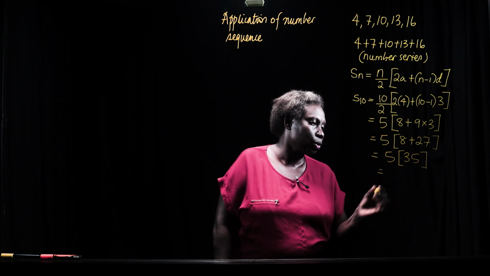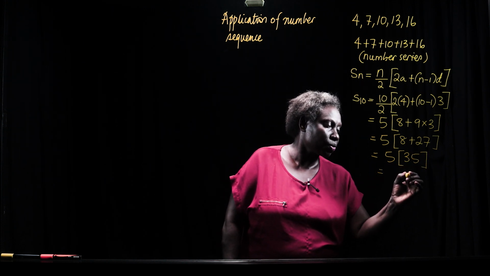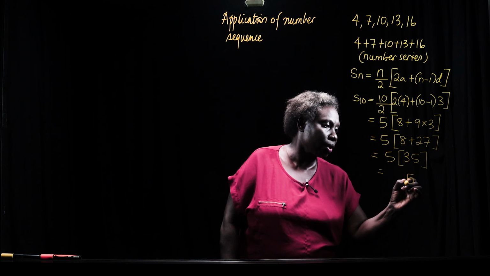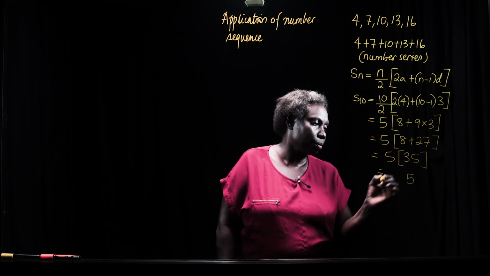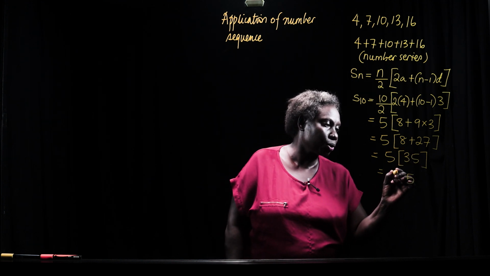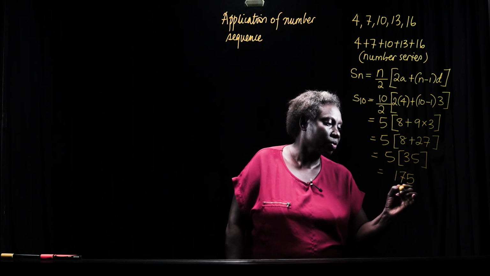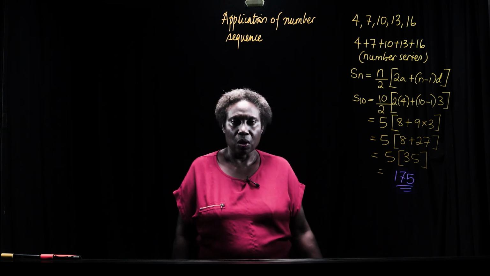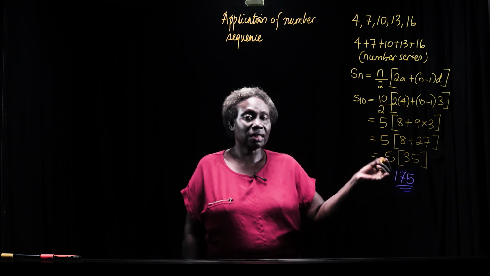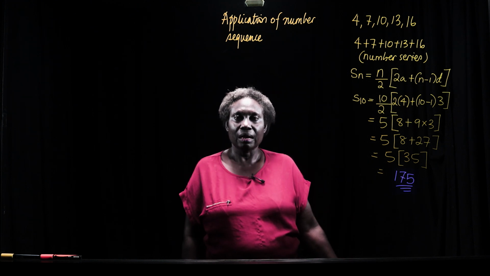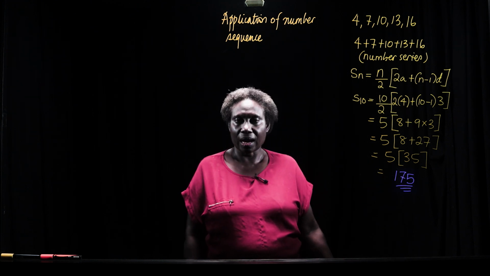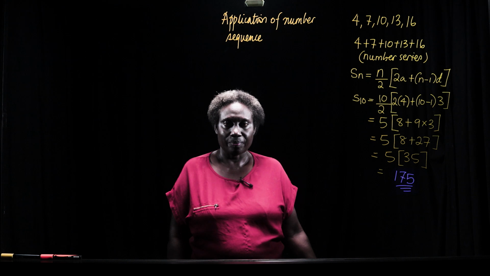And that is equal to 5 times 5 is 25. Put down 5, carry 2. 5 times 3 is 15 plus 2 is 17. So, the sum of the first 10 terms in a number sequence is 175.